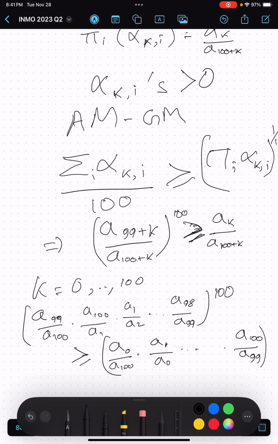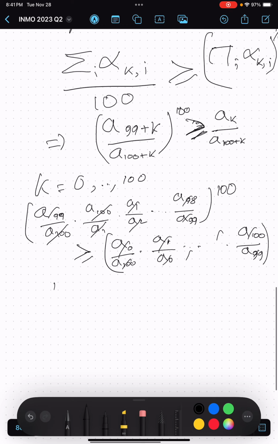Now each of these terms will keep cancelling out, and even here a of 1. So this gives us 1 greater than or equal to 1. Now 1 definitely won't be strictly greater than 1, so 1 is equal to 1.